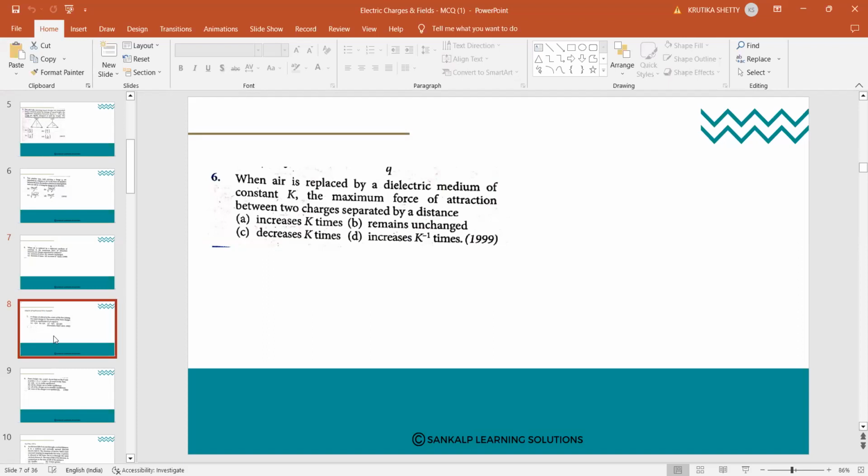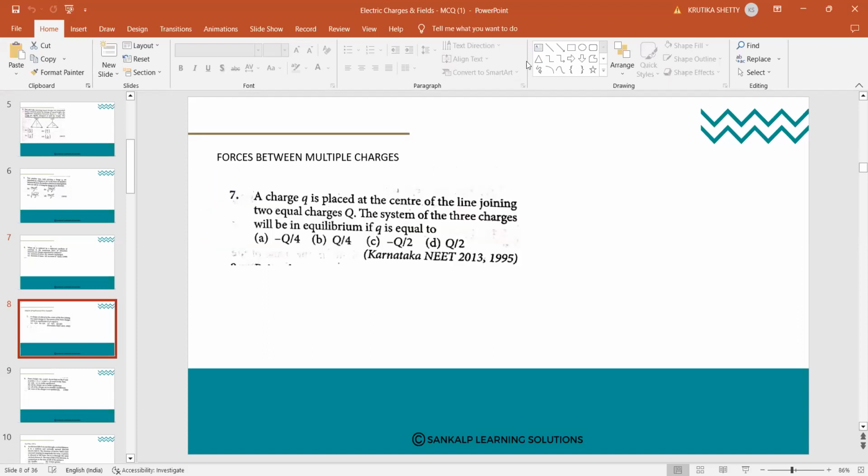Okay, our next question is, a charge q is placed at the center of the line joining two equal charges, capital Q. The system of the three charges will be in equilibrium if q is equal to. Yes. So here you have a charge which is placed at the center of the line joining. So according to the question, just first draw the diagram.